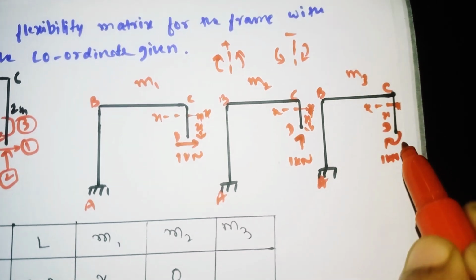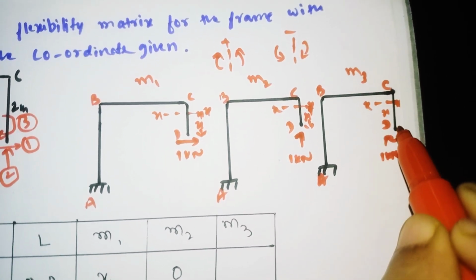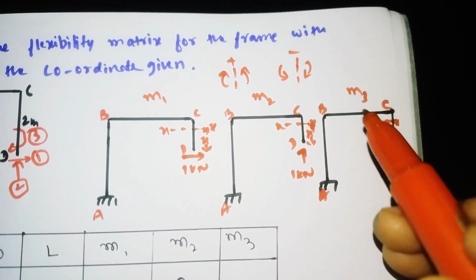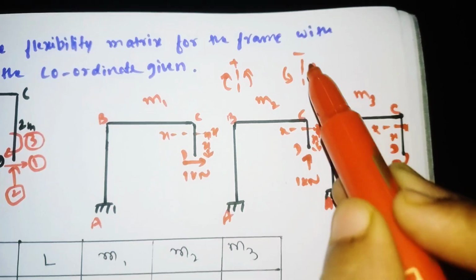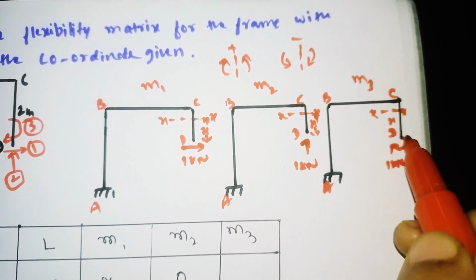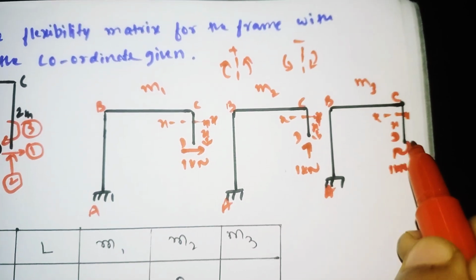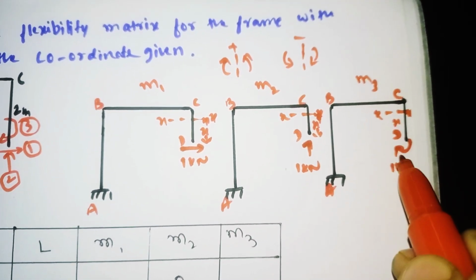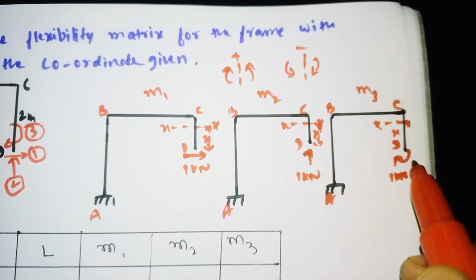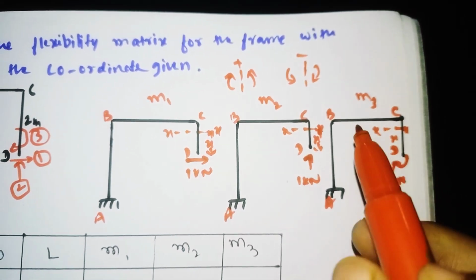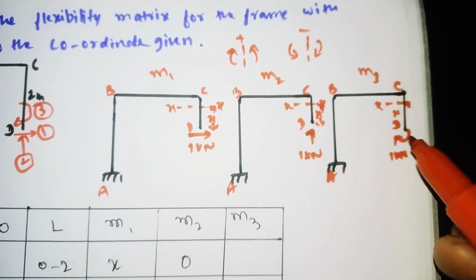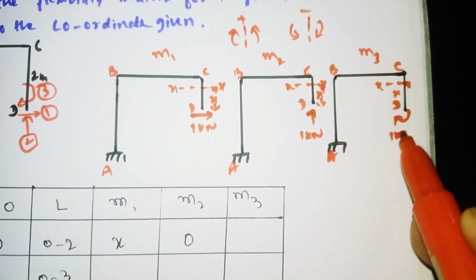The moment is pushing the member downward, and for the moment pushing the member downward we need to take negative. We need to see the effect of this moment on this member. It is moving like this, meaning downward, so for downward we need to take negative. It has a negative effect on this member, so we need to take -1.